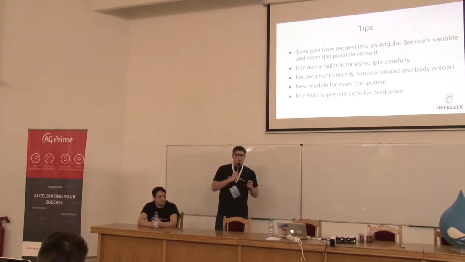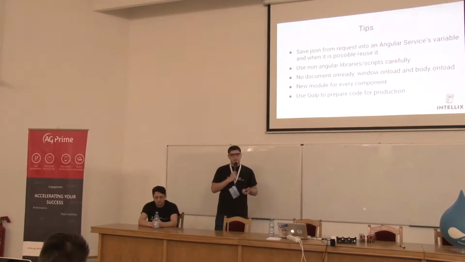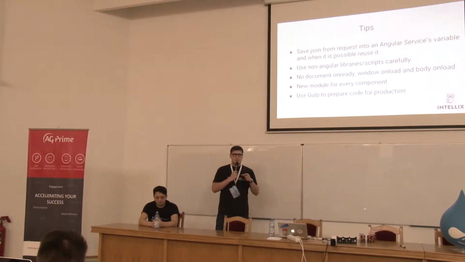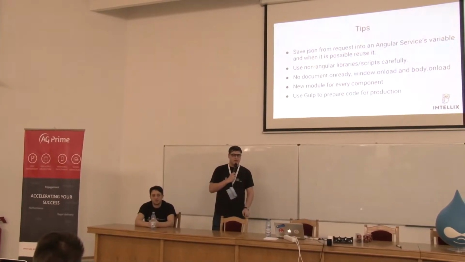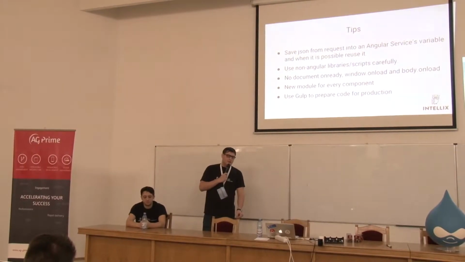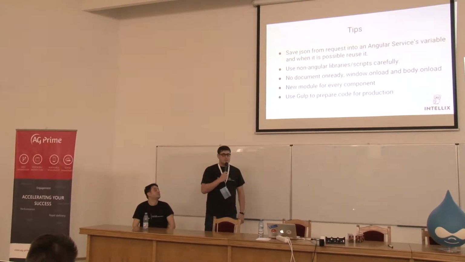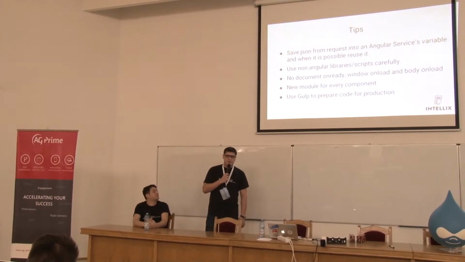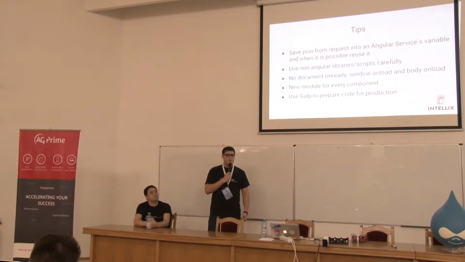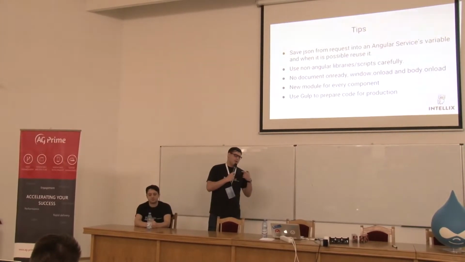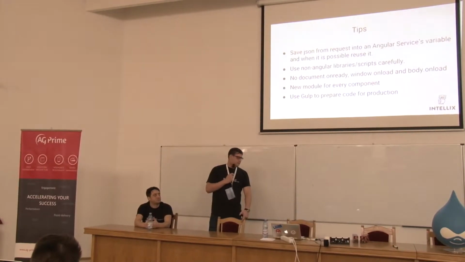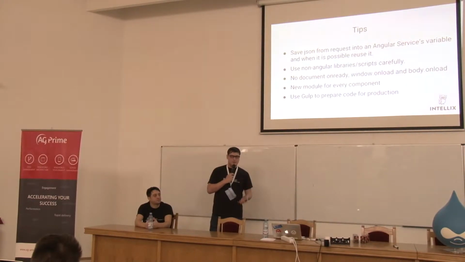For every component, or every page, or every block, when you have a new logic in your site, it's good to have a new module to separate it from the main application. And also there is gulp, which is an awesome tool when you want, for example, to minimize your CSS and uglify your JavaScript.